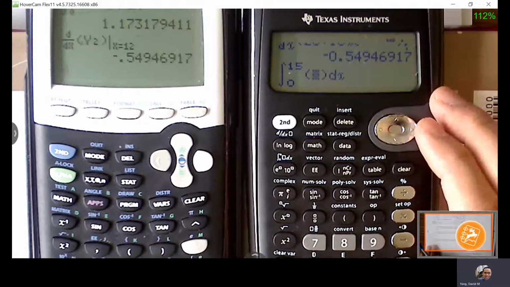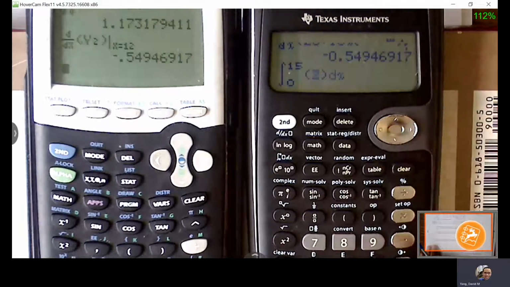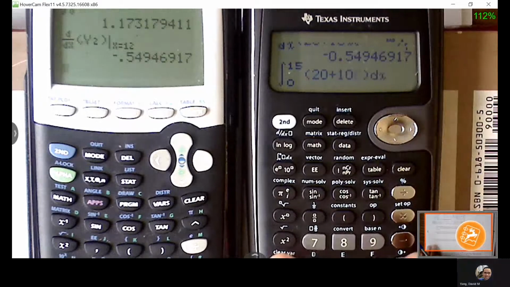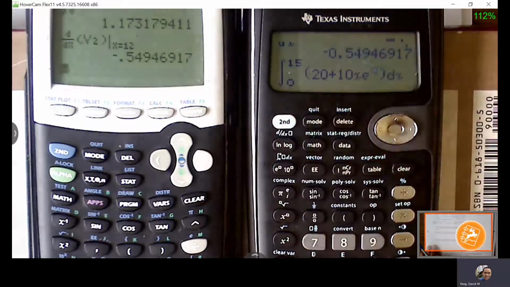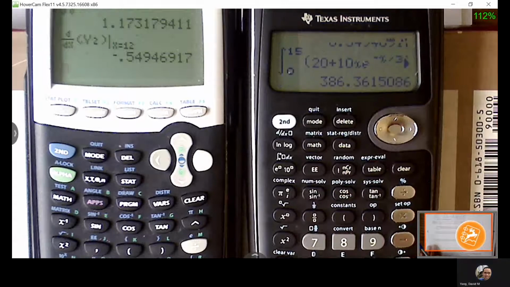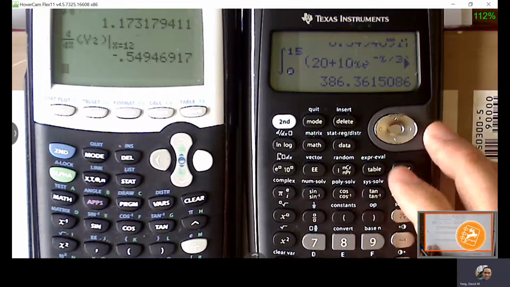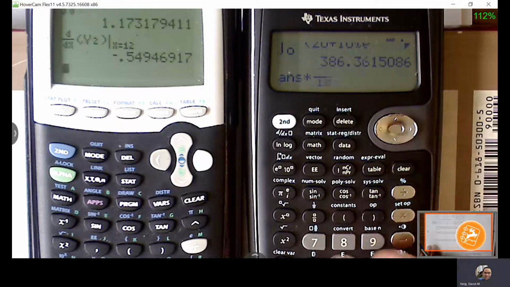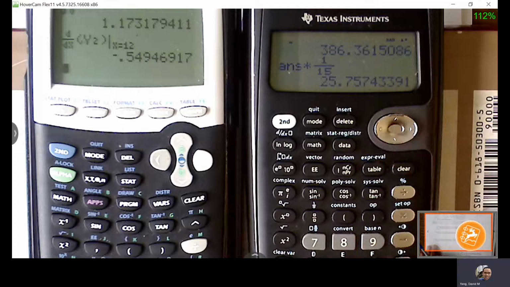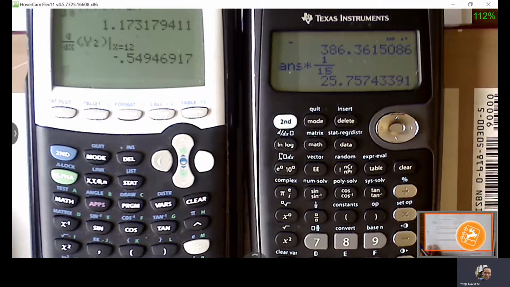Type in that function that you pulled from before. Make sure that you don't forget about that times 1 over 15, or divided by 15, either way. So your average temperature is 25.75 degrees.